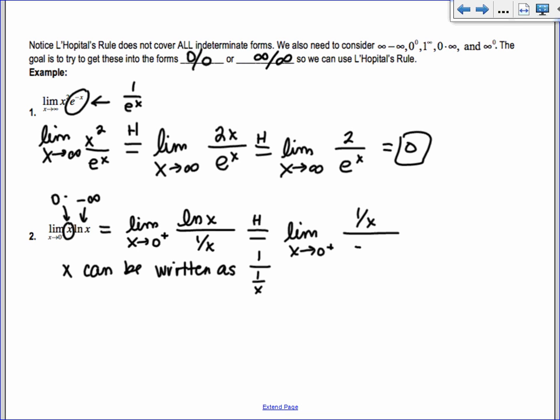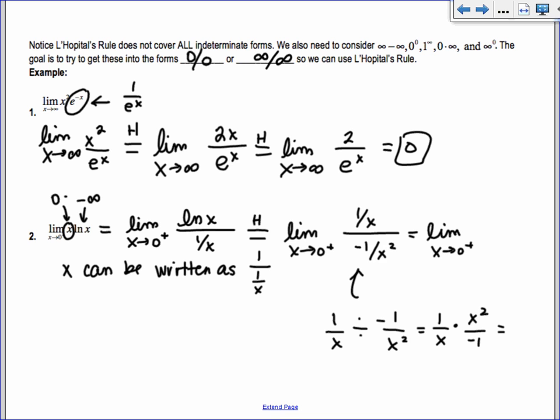Negative x to negative 2, so it's negative 1 over x squared. So what is this? It's 1 over x divided by negative 1 over x squared, which is 1 over x times x squared over negative 1. So what do we get? Right, it's negative x, yep. So now as I go towards 0, what am I going to get? 0, that's it.